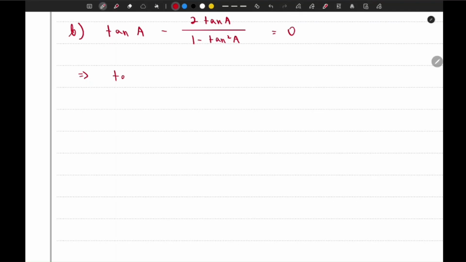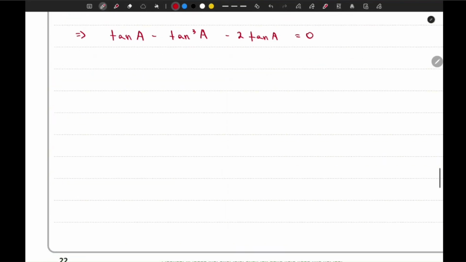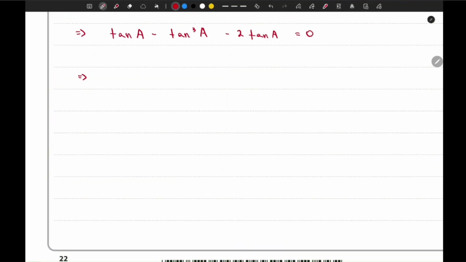So it will give us tan a minus tan cubed a minus 2 tan a equals 0. If we bring this whole thing to the right hand side of the equation, this will be 0 equals tan cubed a plus tan a. And if we take tan a as common, we get tan a times tan squared a plus 1 equals 0.